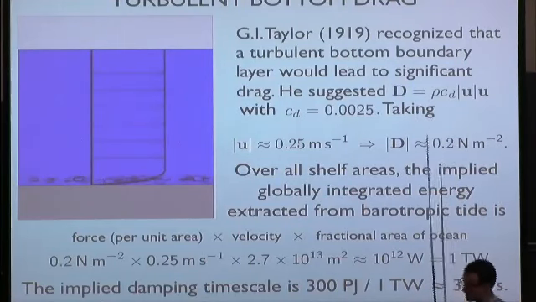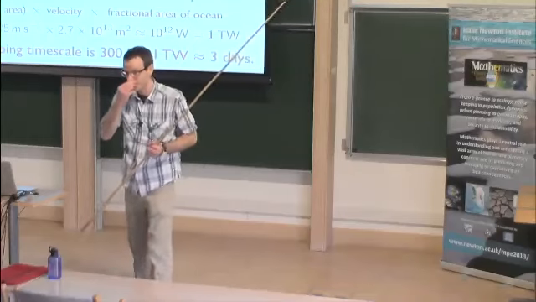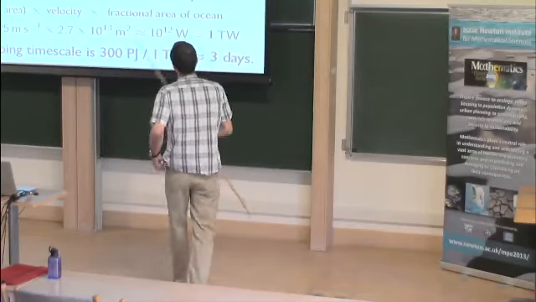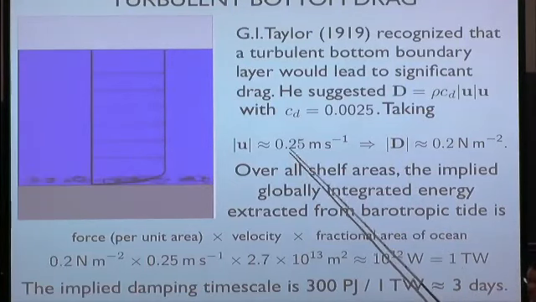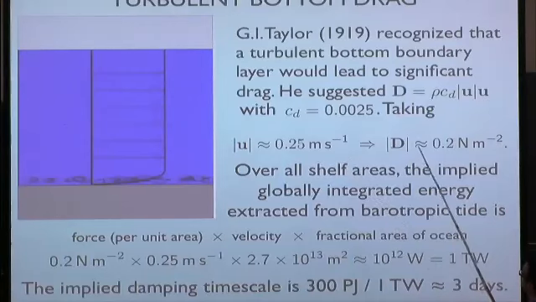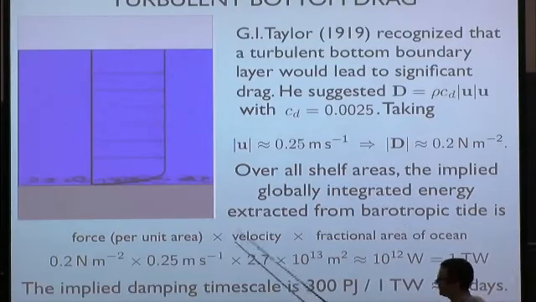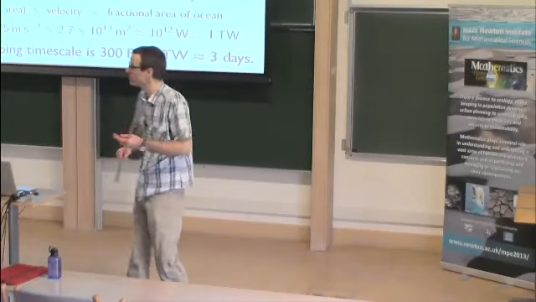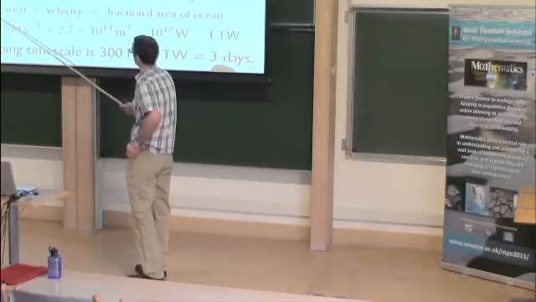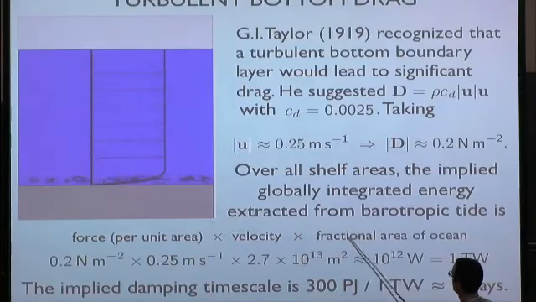And the question really is how significant is this dynamically? And it turns out to be rather significant, and you can see that through a very simple calculation, taking a typical velocity on the shelf seas. You can estimate the magnitude of this stress, and then you can estimate how much energy this sort of bottom drag is taking out of the tide over the whole globe. So that's just force times velocity times the total shelf area, and you get a figure of 1 terawatt.